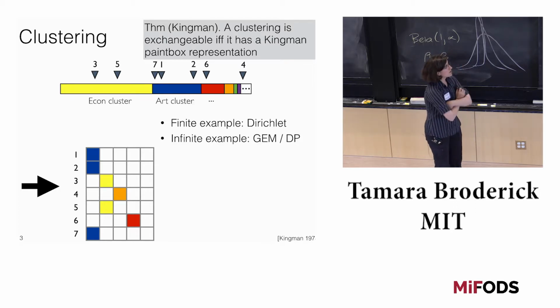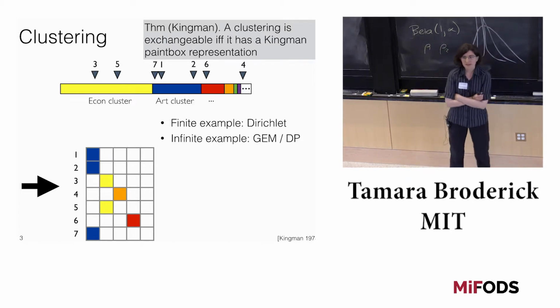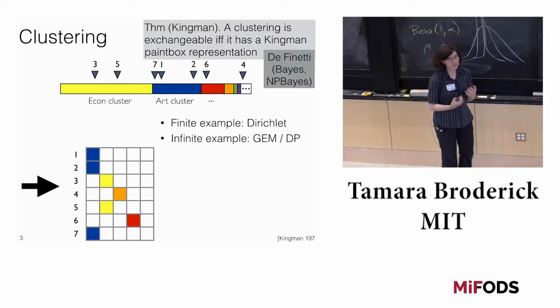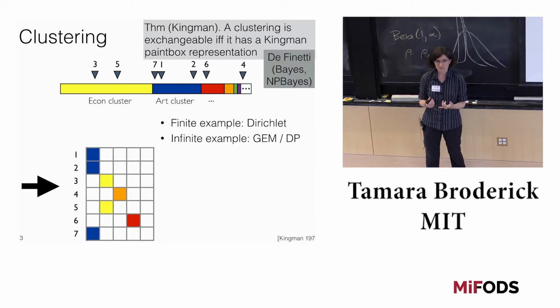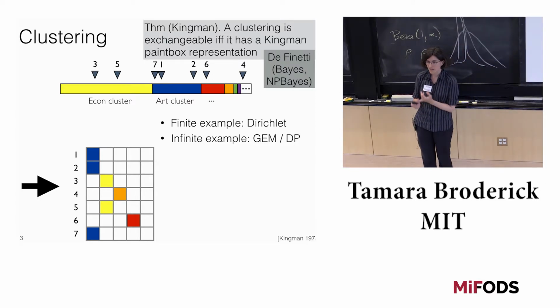OK, so why is it called a Kingman paintbox? Well, you can think of each of the clusters as having some color associated with it. Perhaps more concretely, you could think of those as being like the cluster-specific parameters like econ or art or so on. And I want to come back to this point that we made really early on about de Finetti as being a motivation for Bayesian inference and a motivation for nonparametric Bayesian inference.